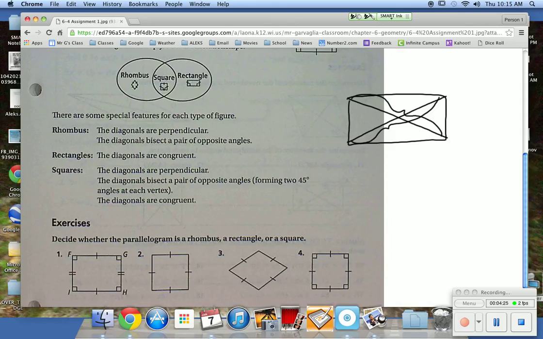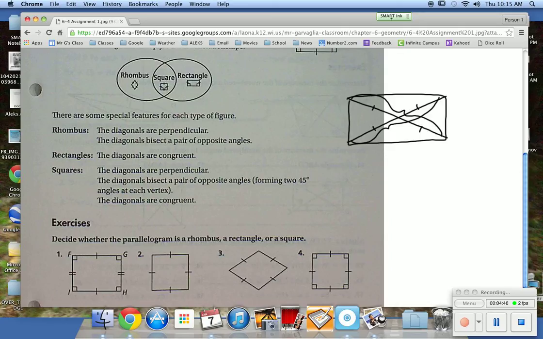That means, and remember, diagonals bisect on a parallelogram. So this side equals this side equals this side equals this side. It's a crazy little diagram. It means this whole diagonal here is equal to this diagonal here. This is on a rectangle.